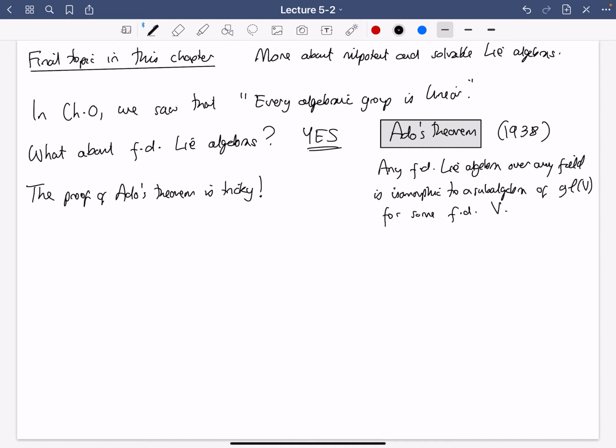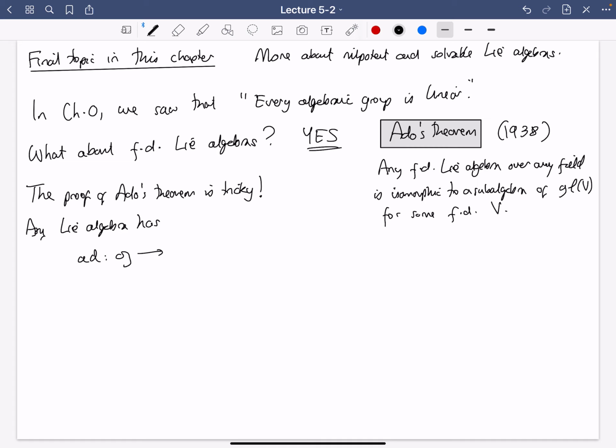So that's a bit frustrating, because in all the situations that we care about for our purposes, there's not an issue here. Ado's theorem is obvious for the Lie algebras G that we care about. What do I mean? I mean any Lie algebra always has its adjoint representation.